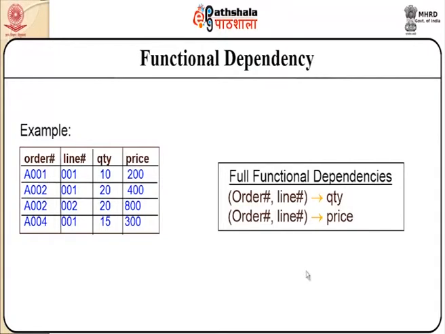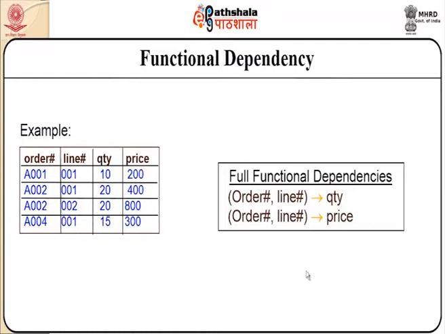That means both the attributes together determine the total quantity that is required, or it could be read as quantity is fully functionally dependent on order number and line number. Further, there is another attribute called price, which is fully functionally dependent on order number and line number.